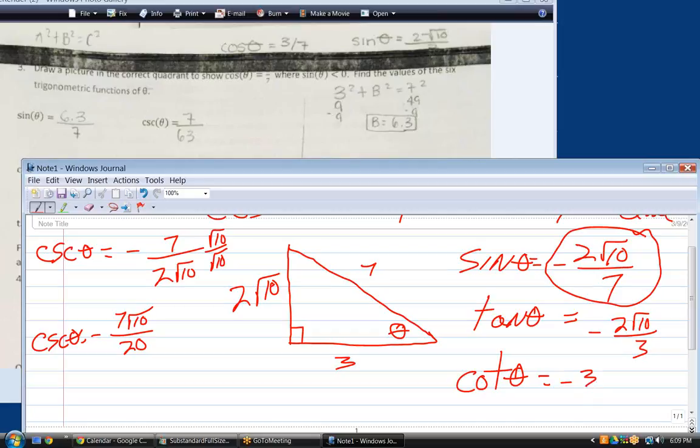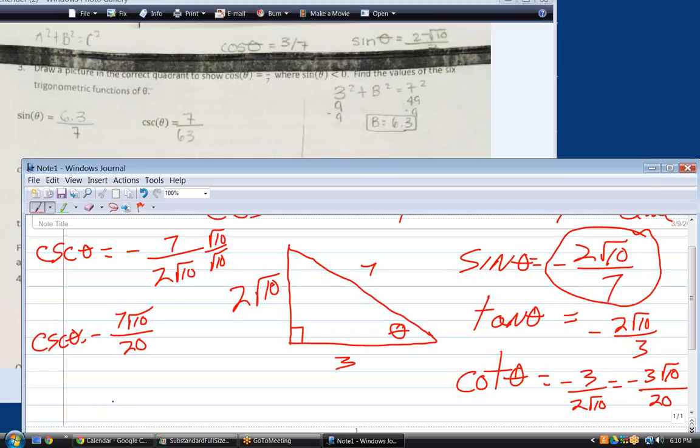Negative 3 over 2 root 10. But again, if you're in decimal, it's fine. But if you're in radical, this needs to be rationalized. So that'd be negative 3 root 10 over 20. And that can't be simplified any further. So that's going to be the proper answer for cotangent of theta.